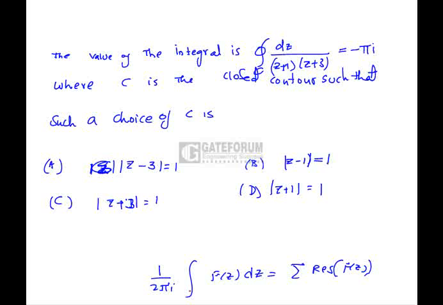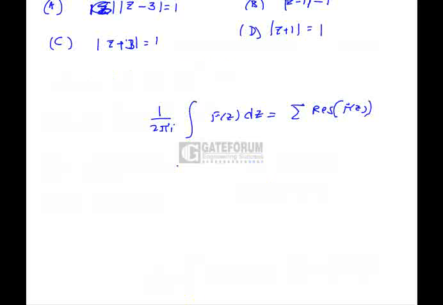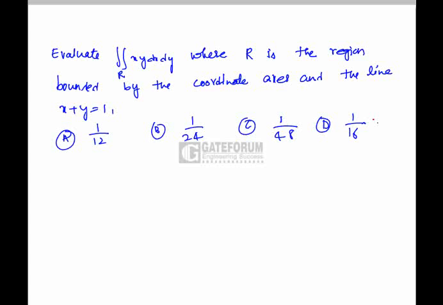So if we do that, we find the contour is mod z plus 3 equals 1, which means option C is correct.